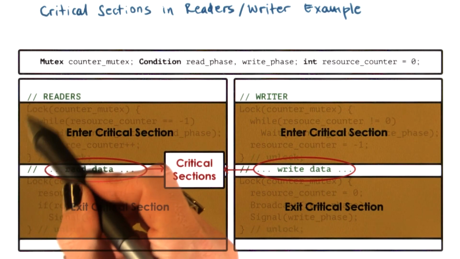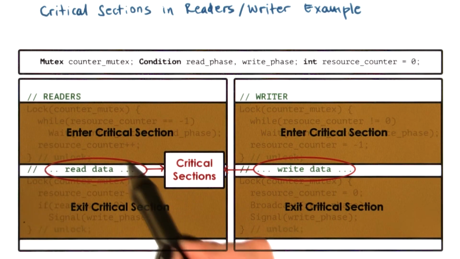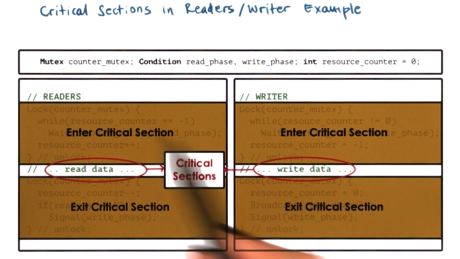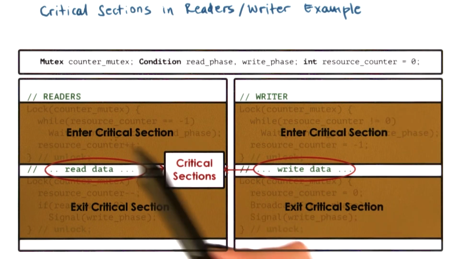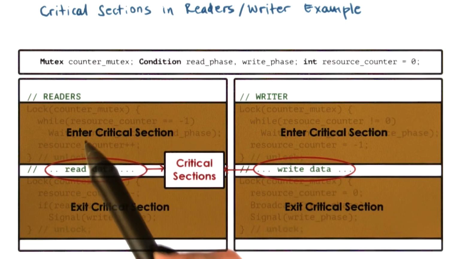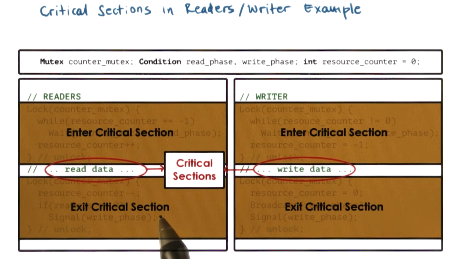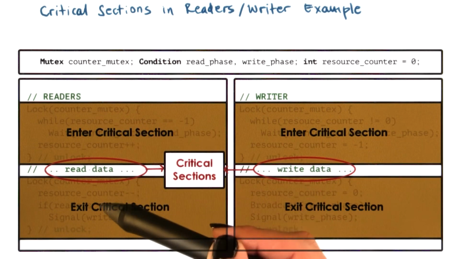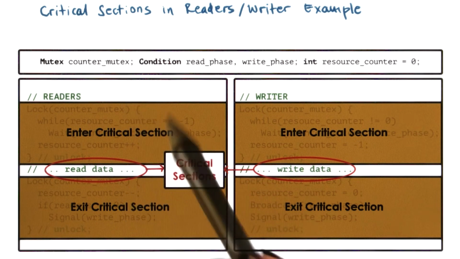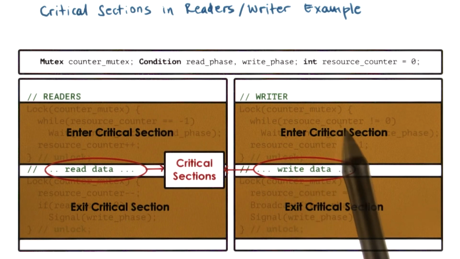So the code blocks that precede and follow each of these critical sections, both on the reader side that we outlined before and the corresponding ones on the writer side, these we call the enter critical section blocks and the exit critical section blocks. Every single one of these blocks uses the same mutex, counter mutex, and so only one thread at a time will be able to execute within these code blocks.